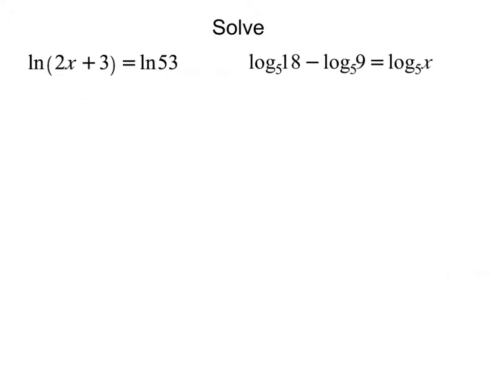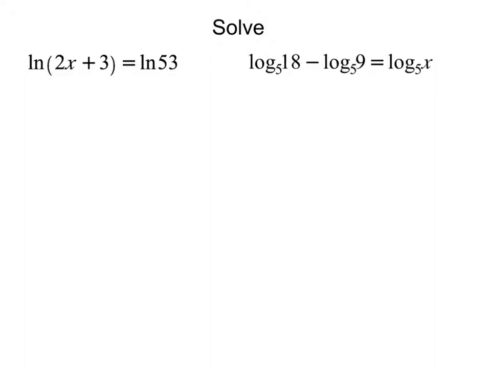All right, so now we're going to do that first problem. The natural log of 2x plus 3 equals the natural log of 53. Now, technically speaking, what I can do behind the scenes here is I can actually do e to the power of both sides. But I don't even have to do that to both sides because, notice, it's the natural log of both sides.